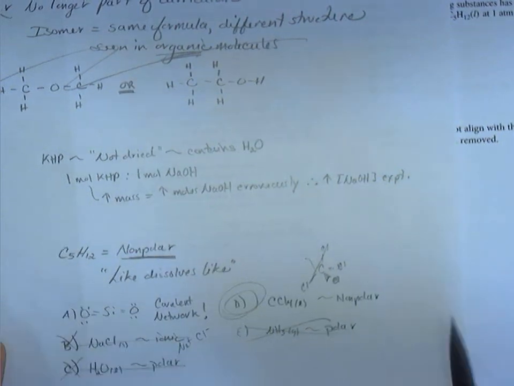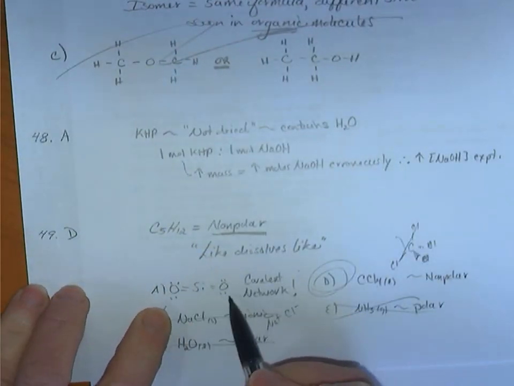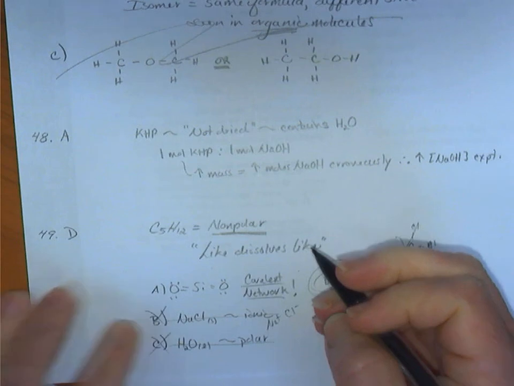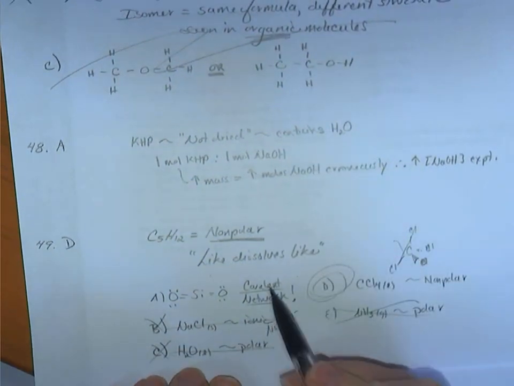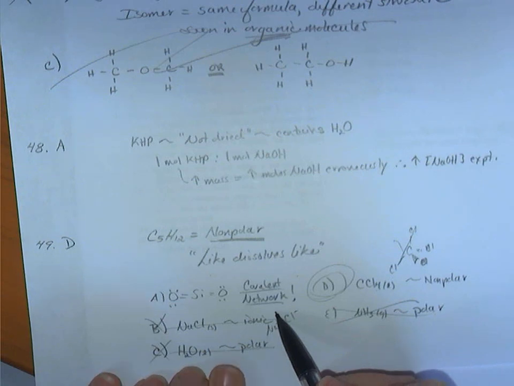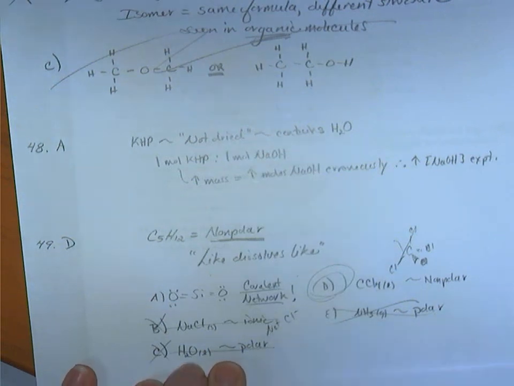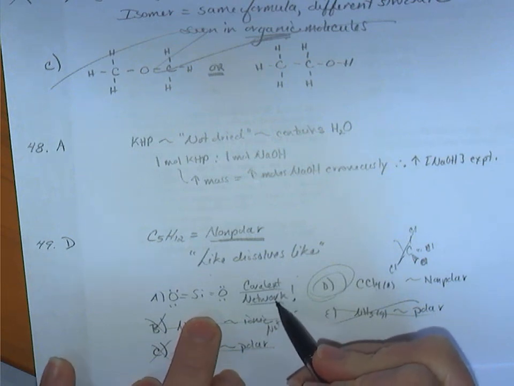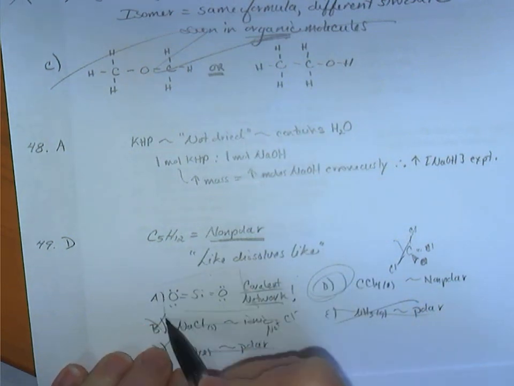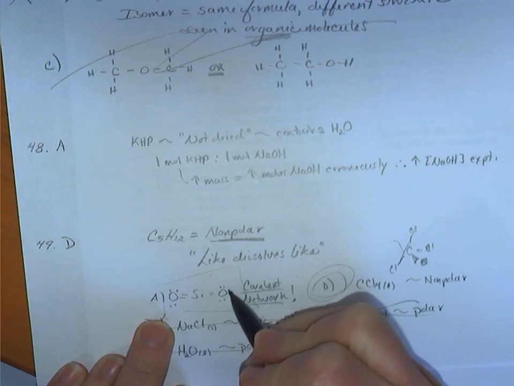So no. But what about silicon dioxide? Well, that is, excuse me, a covalent network solid. That's quartz. Oh my gosh, that is not going to be soluble in water or in nonpolar. So officially we'd say this is nonpolar, but we know that these are networked.